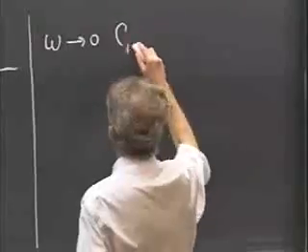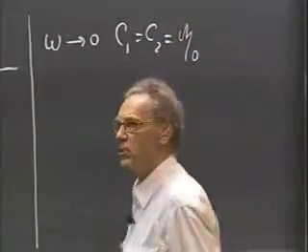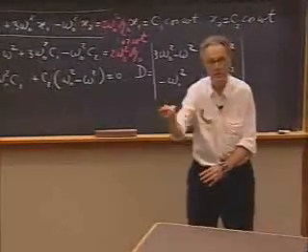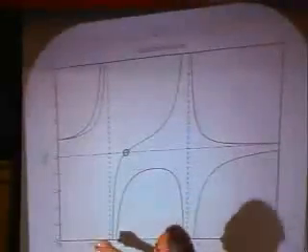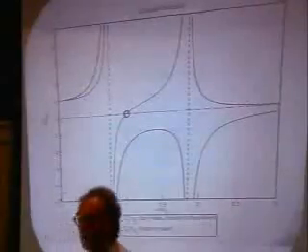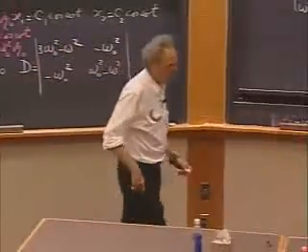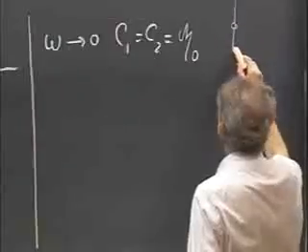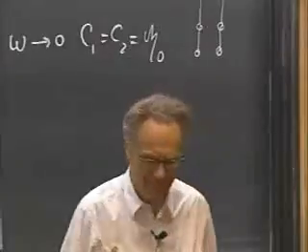So C1 must be C2 and must be eta 0, and it must even be plus eta 0. It must be in phase with the driver. And you see that, not the ratio, which is C divided by eta 0, that is a ratio, that is plotted at +1. And so both are in phase with the driver. So that's a trivial result. It means that the pendulum, which is here, 25 years from now, is here. That's omega 0. Almost 0.